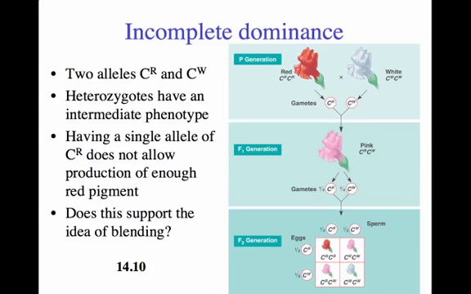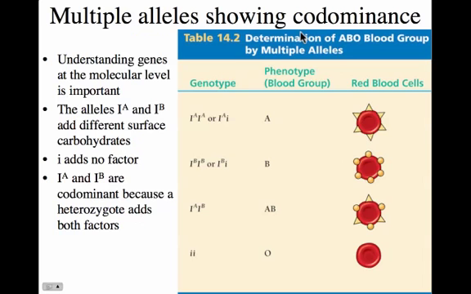If we now follow this to the next generation, so cross these plants together, now you'll see a red plant appearing in the F2 progeny, and this F2 has two copies of the CR allele. So this phenomenon where possession of this allele is not fully dominant is called incomplete dominance.